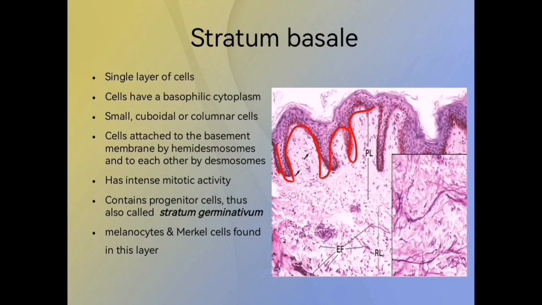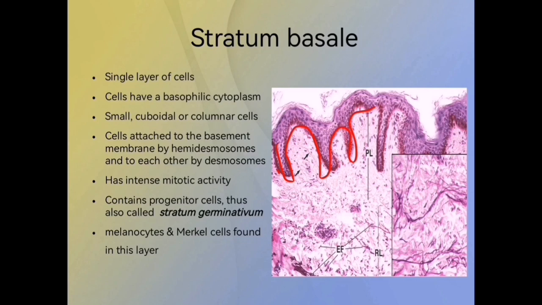These cells are attached to the basement membrane. Recall that we have a basement membrane at the junction of the epidermis and the dermis. The cells of the stratum basale are attached to the basement membrane by hemidesmosomes, and to each other by desmosomes.